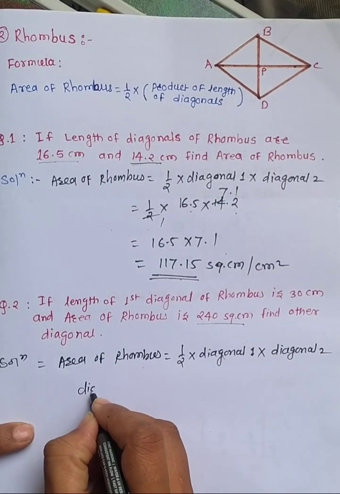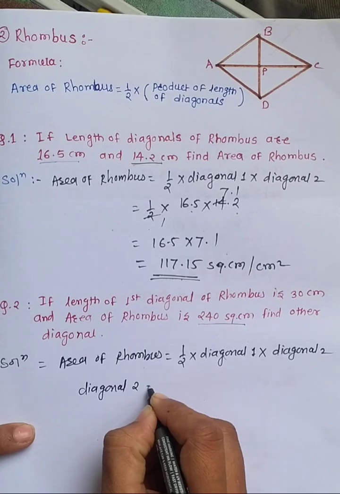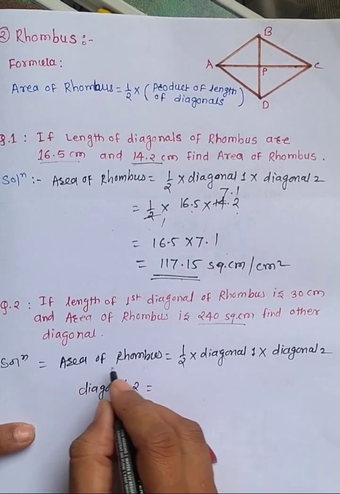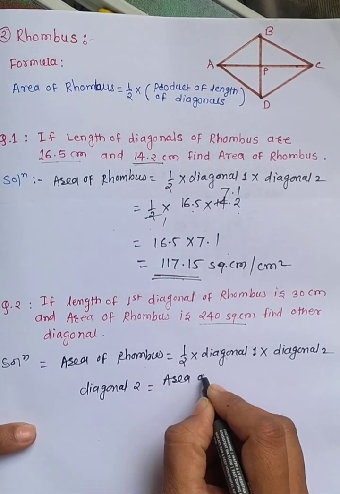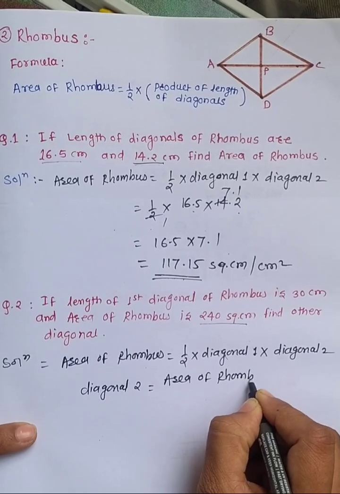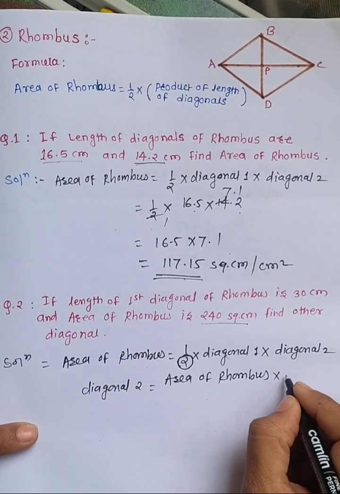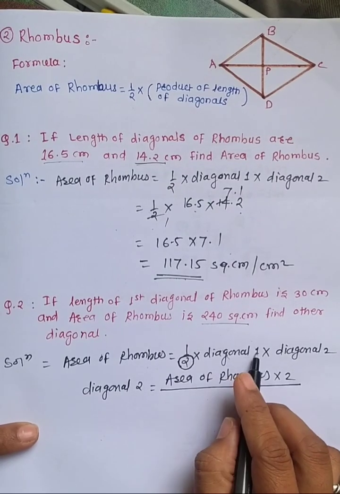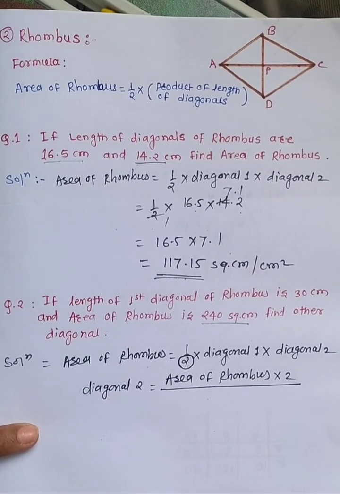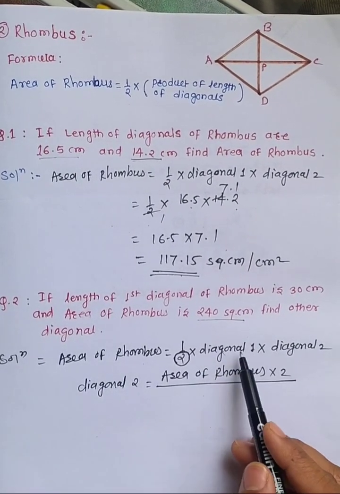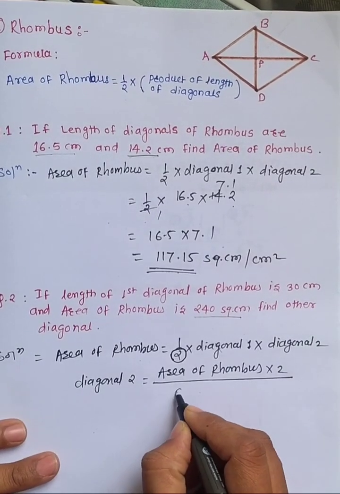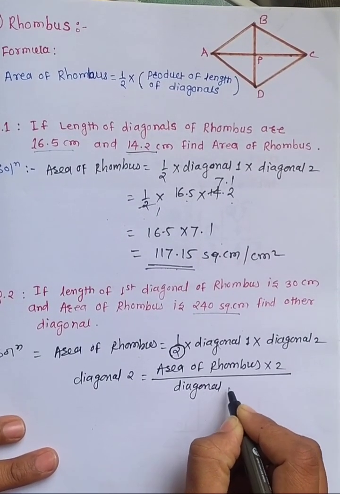Okay, I will take here diagonal 2 is equal to area of rhombus, that 2 in division part, after shifting it will become in multiplication, and diagonal 1 is in numerator and after shifting it become denominator, diagonal 1.